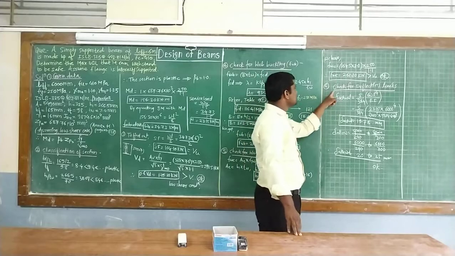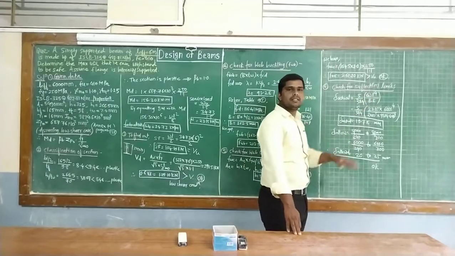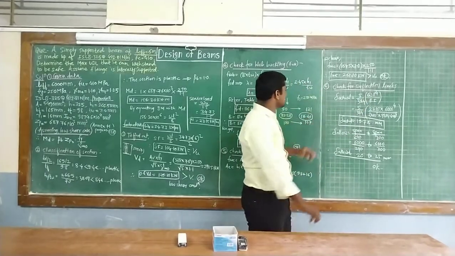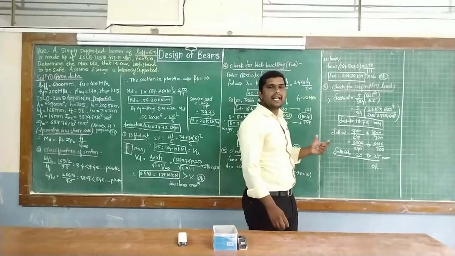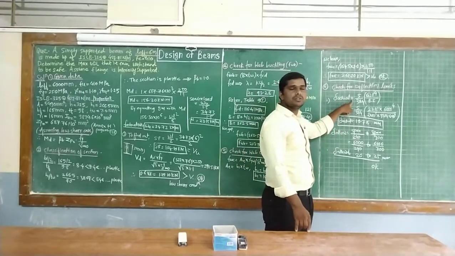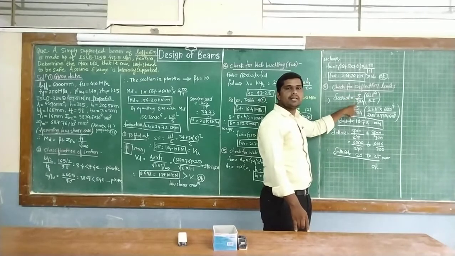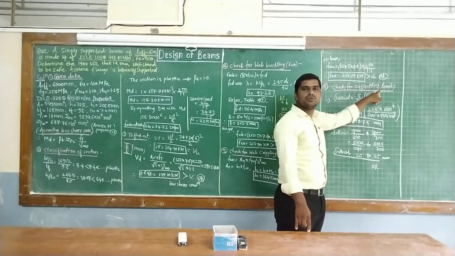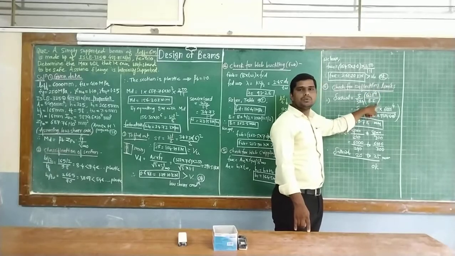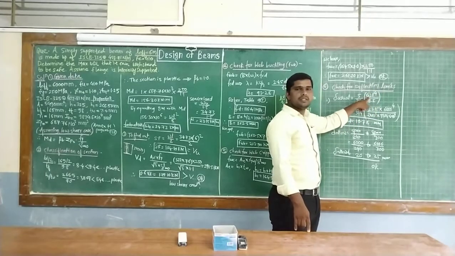The last step is to check the deflection limits. First of all, we are going to find the actual deflection. The actual deflection is equal to 5 divided by 384 times WL raised to 4 divided by E into I, where W is the UDL load.